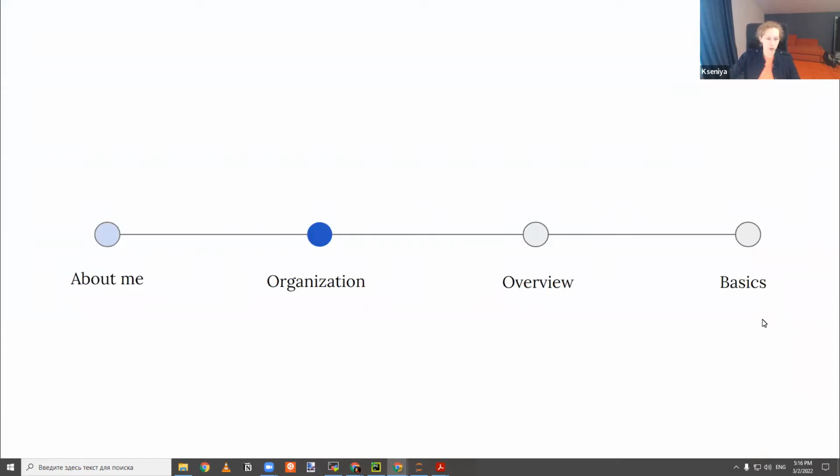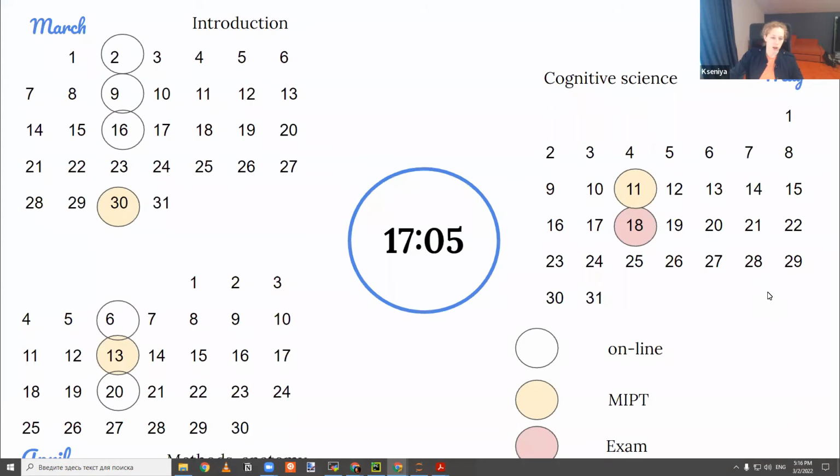Okay, now some words about the organization. This is our schedule. We are going to have 8 lectures and one lecture for an exam. The white circles are online lectures, like now.